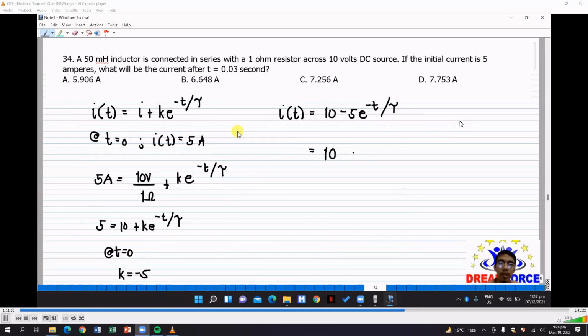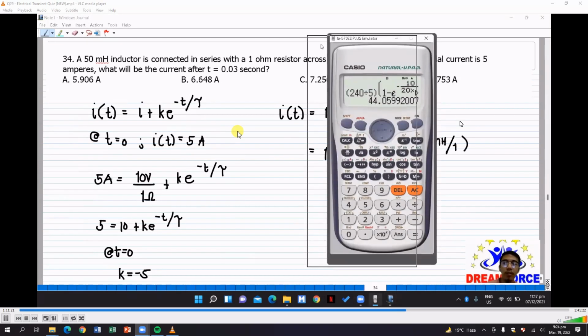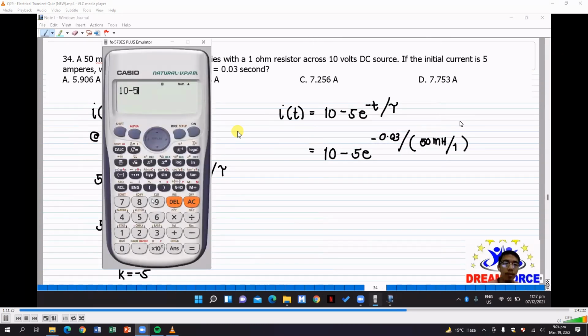So from here, pwede na. That is 10 minus 5 E raised to negative T, that is 0.03 second, over tau, that is L over R. L is 50 millihenry over R of 1 ohm. So 10 minus 5 times E raised to 0.03.